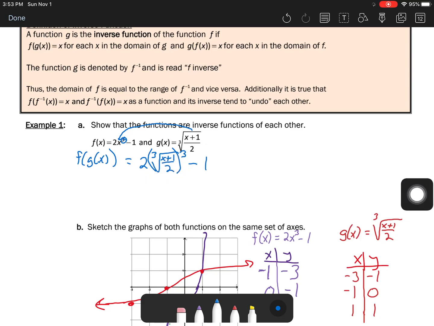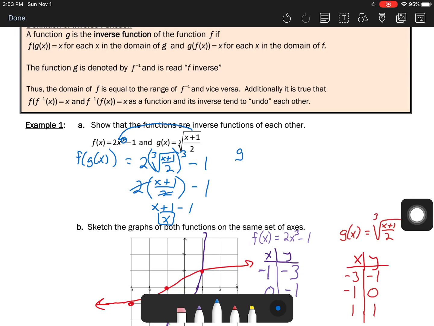The cube cancels the cube root, and I'm left with 2 times (x plus 1) over 2, minus 1. Here I'm dividing by 2 and multiplying by 2, and those cancel each other out. Now I'm left with x plus 1 minus 1, which cancels, and I am just left with x in that composition, f of g of x.